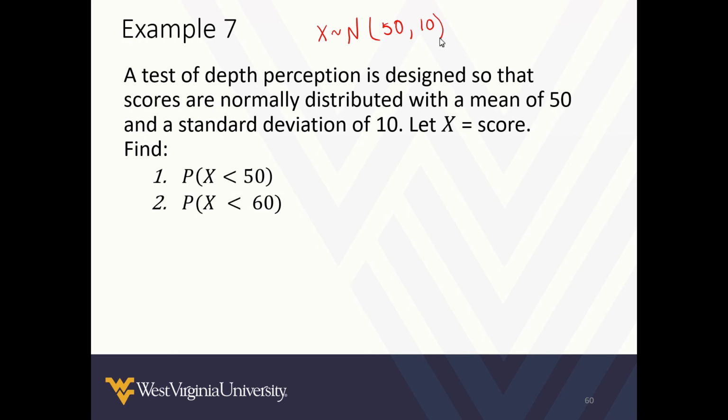Now, in this particular case, we really don't need to use our 68, 95, 99.7 rule. We should be able to use logic. If I draw out my normal distribution, and I apologize, not perfect, we can see that our mean, mu, is 50.